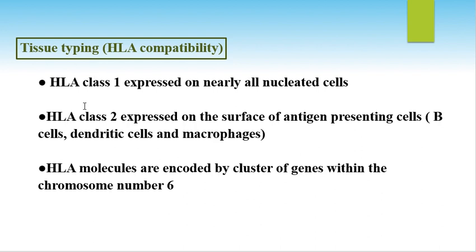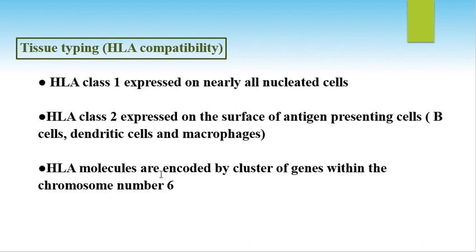In the field of transplantation, human leukocyte antigen class 1 is expressed on nearly all nucleated cells. Human leukocyte antigen class 2 is expressed on the surface of professional antigen presenting cells, and these cells are B cells, dendritic cells, and macrophages.